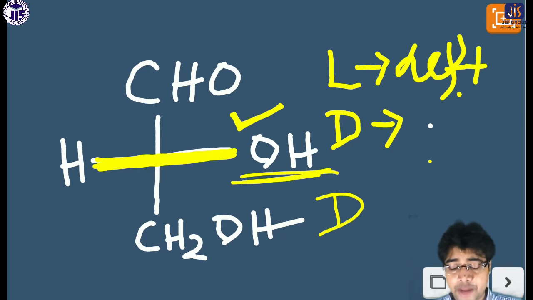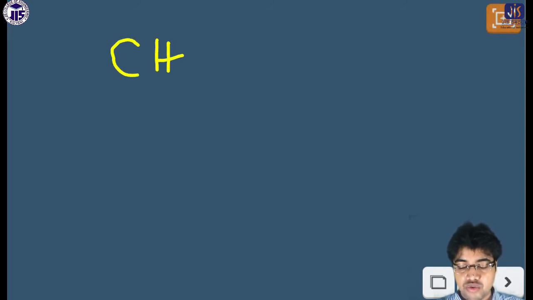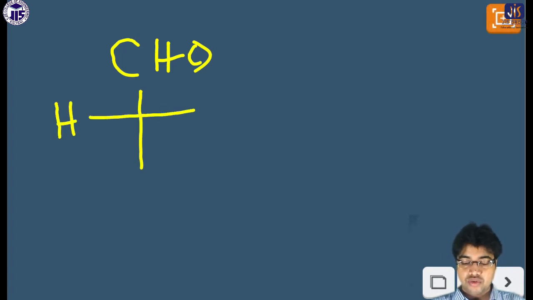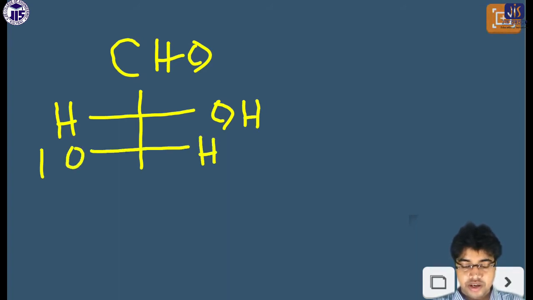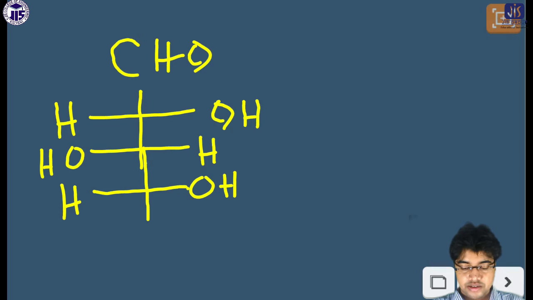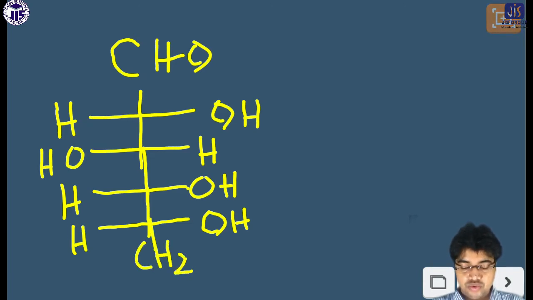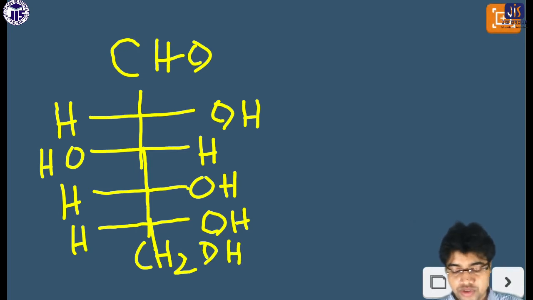This is the simplest chain: H and OH, and if OH is on the right side, then it is taken as D. Now look here, if I take an example like this, starting from CHO, then H, OH, then H, OH, H, and then CH2OH in the lower position.